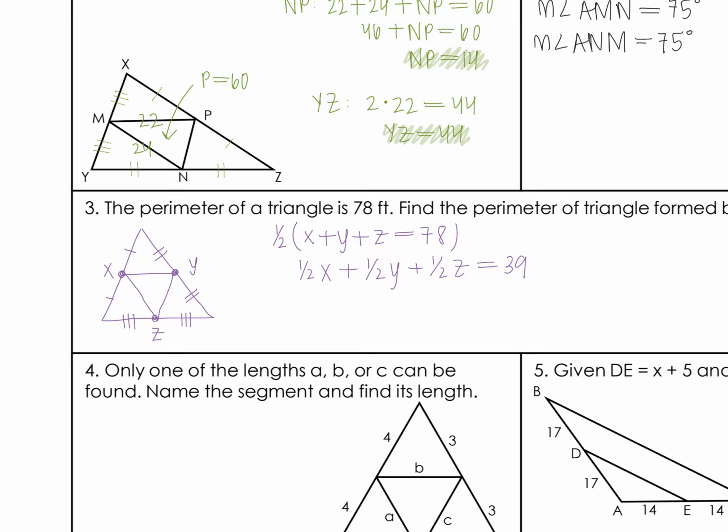Okay, so what I'm seeing here is that 1/2 of X plus 1/2 of Y plus 1/2 of Z should be 39. Therefore, my perimeter being formed by the midpoints should be 39 feet.